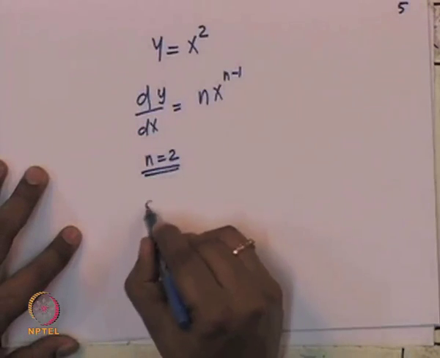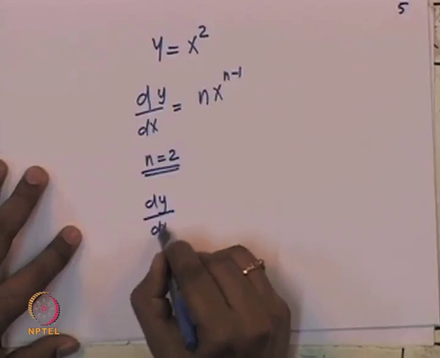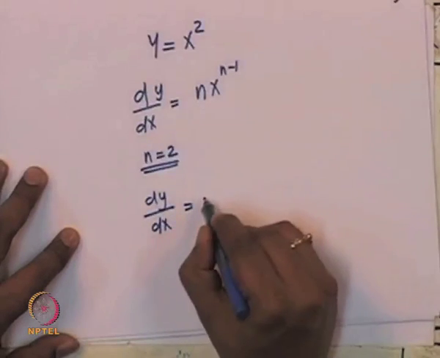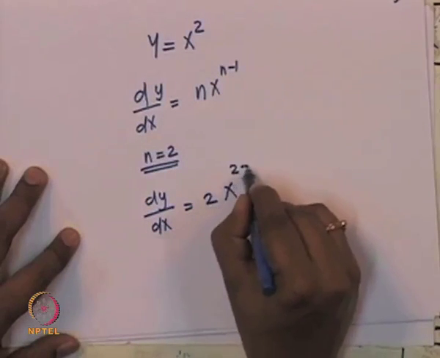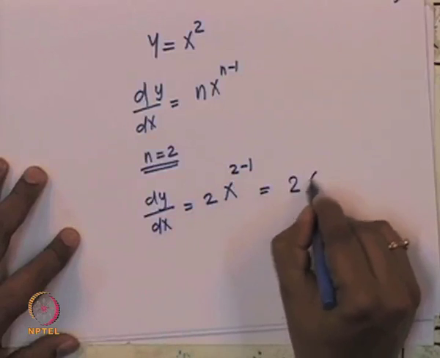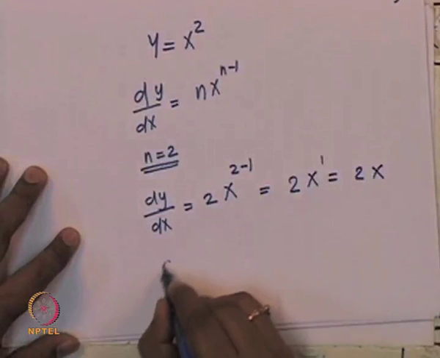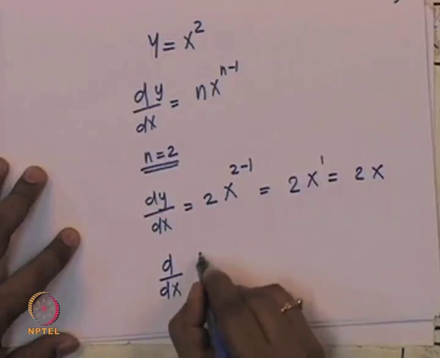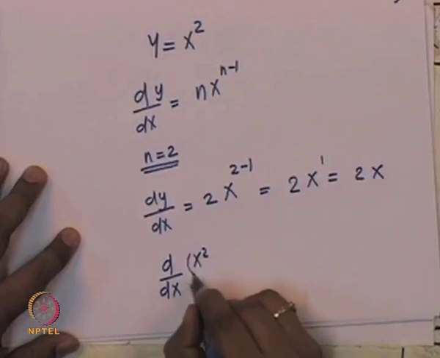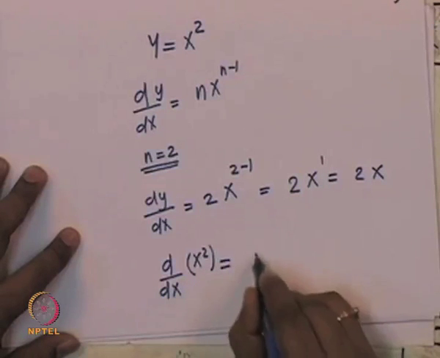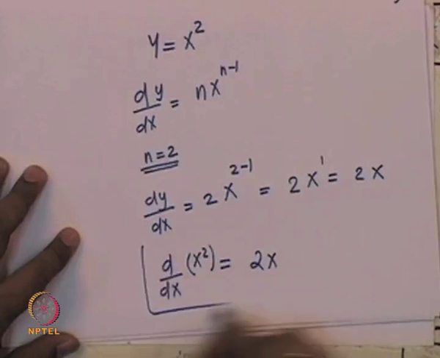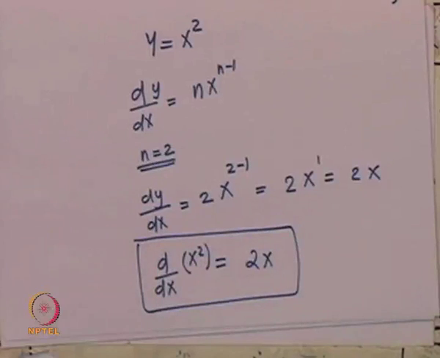So that means dy by dx is n, which is 2, times x power 2 minus 1, which is 2 into x power 1, which is 2x. So the derivative of x square is nothing but 2 times x. This is the application of the rule when n equal to 2.